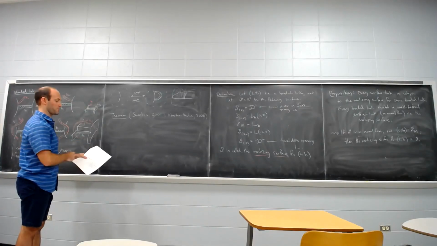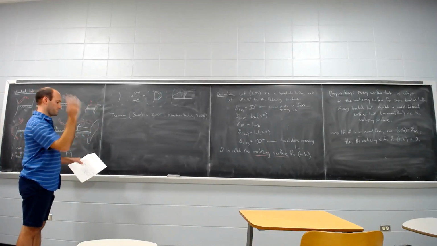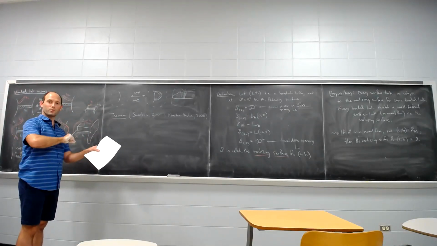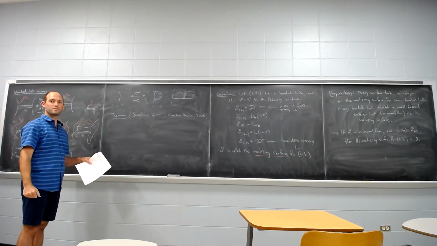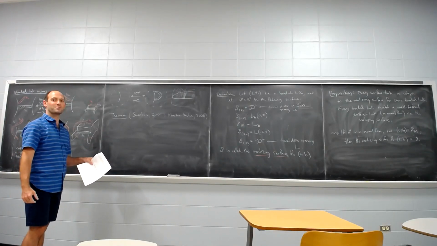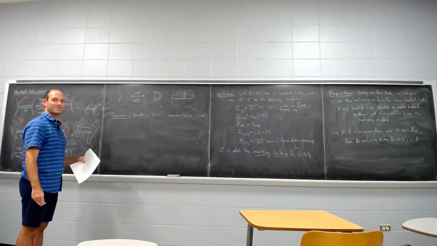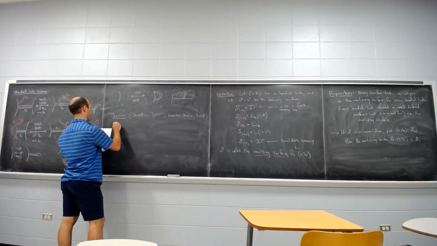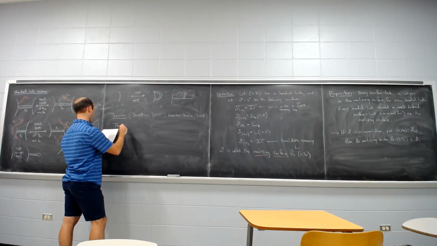And what happens when you pass these, what are the codimension one things called that block you? Walls. Something else? Strata. Walls. Okay.